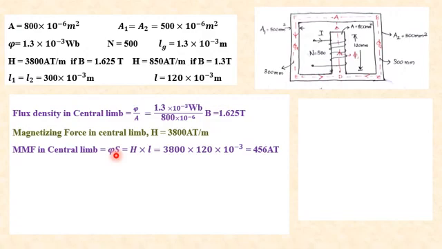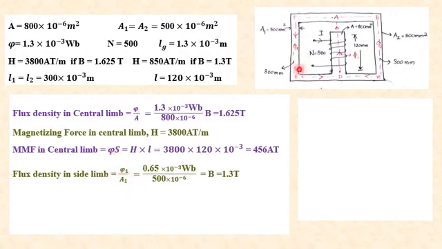Similarly, we can find the flux density in the side limbs. Both side limbs have the same flux as well as the same area of cross section, so the flux density will also be the same, that is phi1 by A1. So we get the flux density B as 1.3 Tesla.